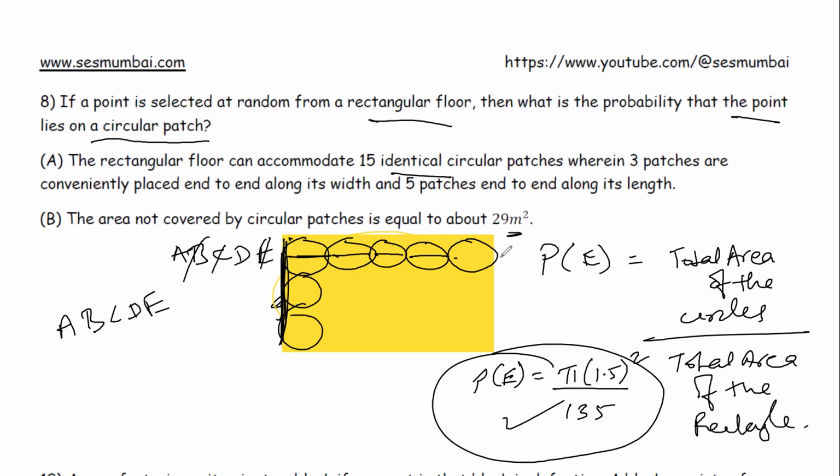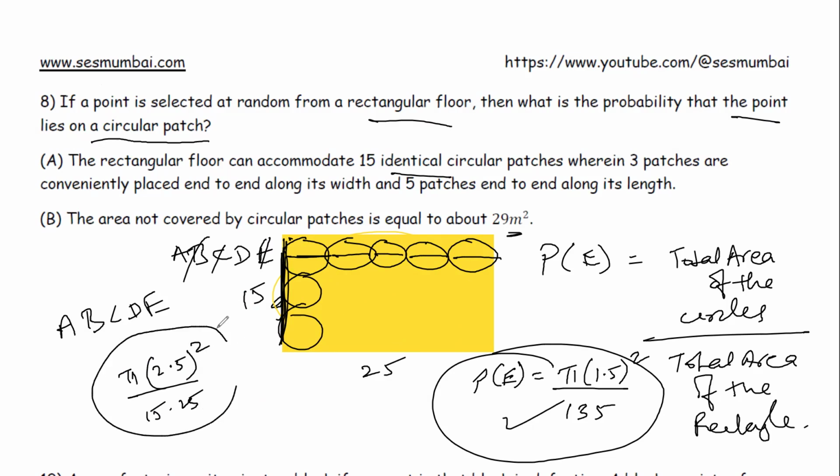You can just try it with one more number so that you get the same answer, right? Then this is 25 and this is 15. So 15 into 25 is my total area of the rectangle. And then the radius would be 2.5, because we are taking the diameter as 5. So square that. Now all you have to check is whether this portion is equivalent to this portion. So it's easy.